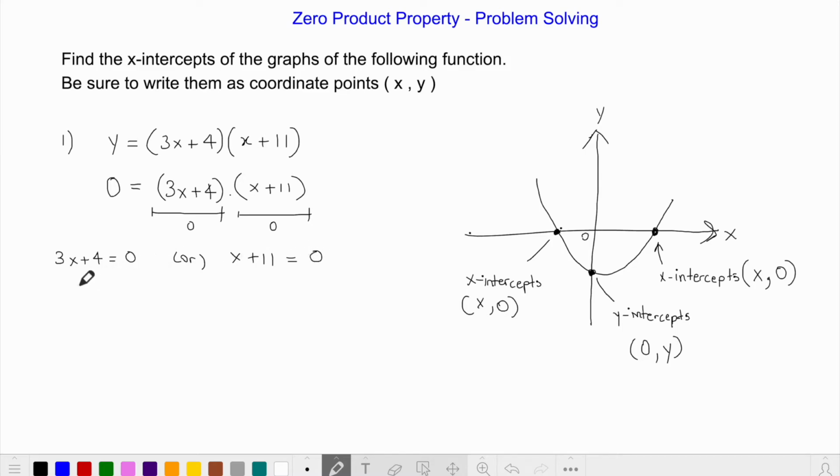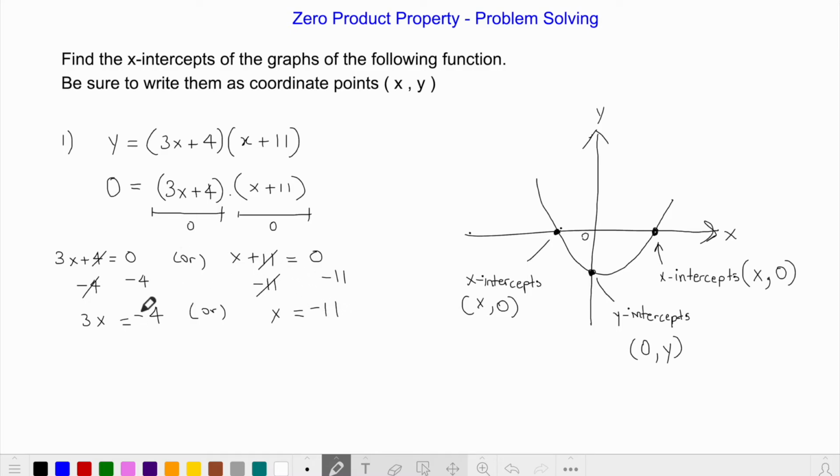In here, we will subtract 4 from both sides, and that would be 3x is equal to negative 4, and we will subtract 11 from both sides, and that would be x is equal to negative 11.